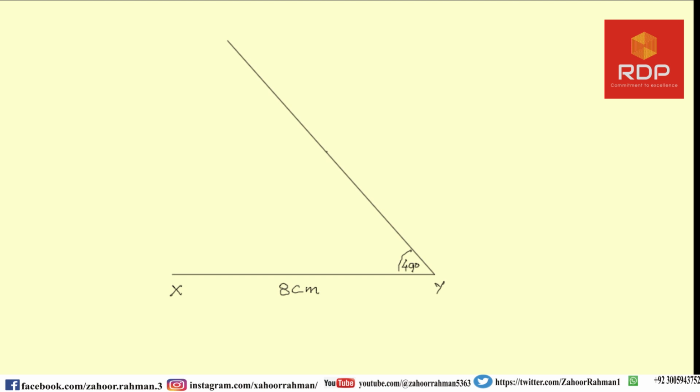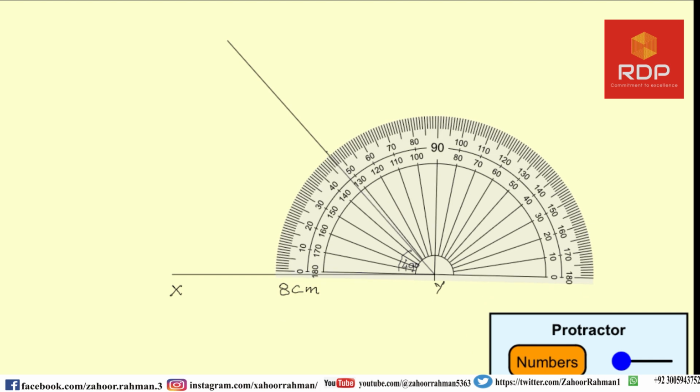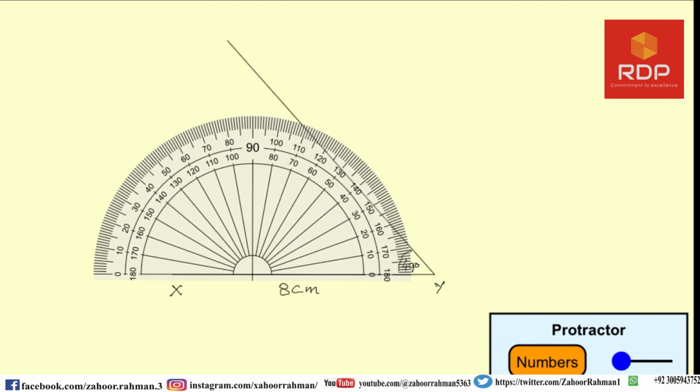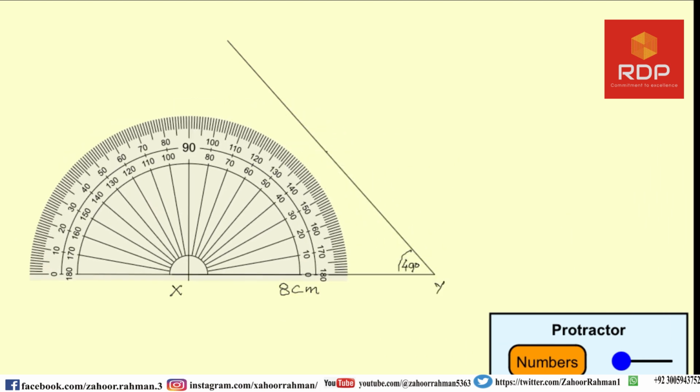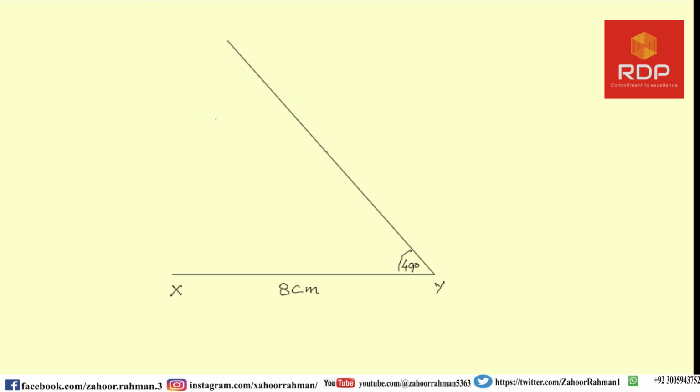Then we have to make another, and that is the 74 degree. YXZ is 74 degree. So 74 degree will be somewhere here. So let me connect these 2 points with each other.